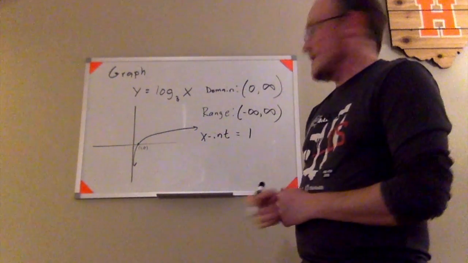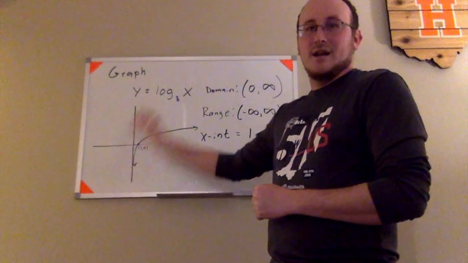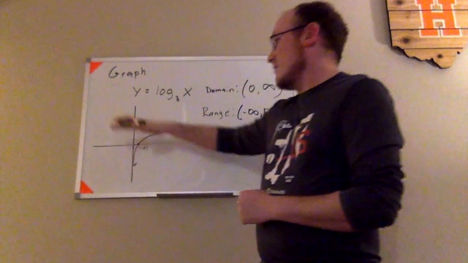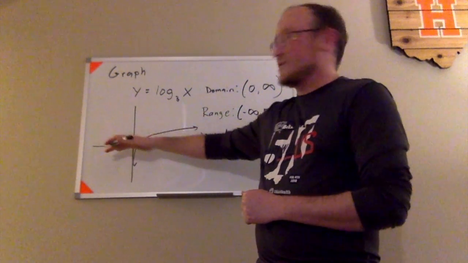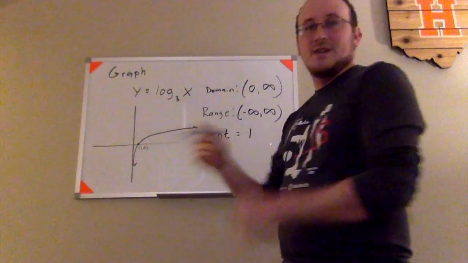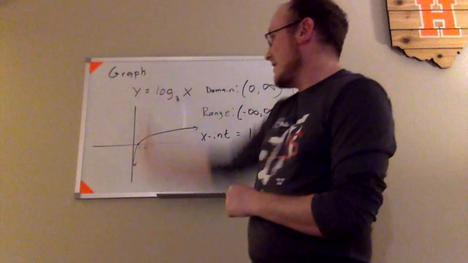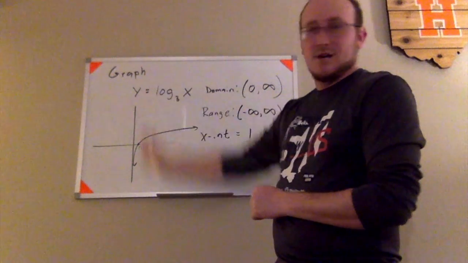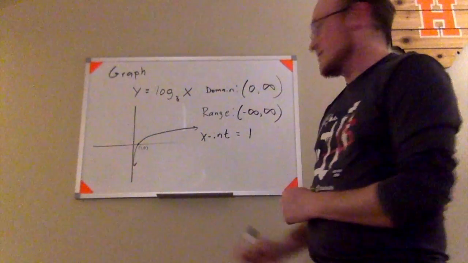And then finally, the asymptote line, that line that this graph is approaching. The exponential functions had a horizontal asymptote line that they were approaching. Now that we've reflected everything over the line y equals x, this now has a vertical asymptote line that we are approaching right here, where x is 0.